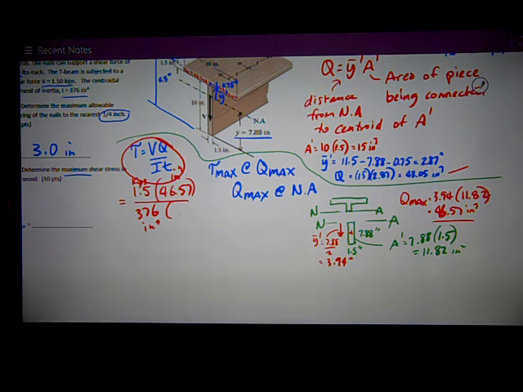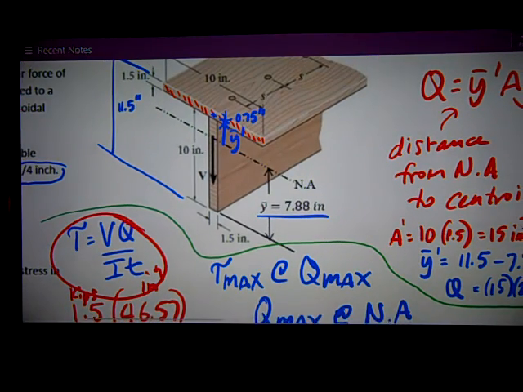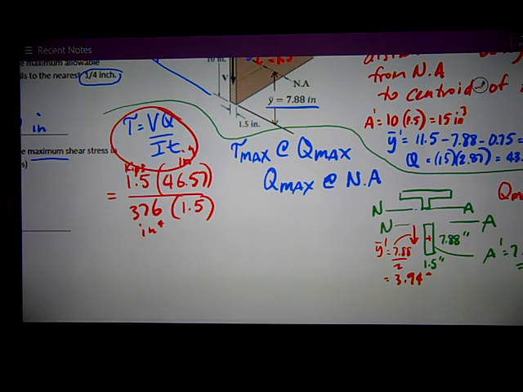And T is the thickness or the width of the cross section where I'm taking the shear stress. Well, that's just the thickness of that web, 1.5 inches. T is right there for this calculation, the width or the thickness, 1.5 inches.